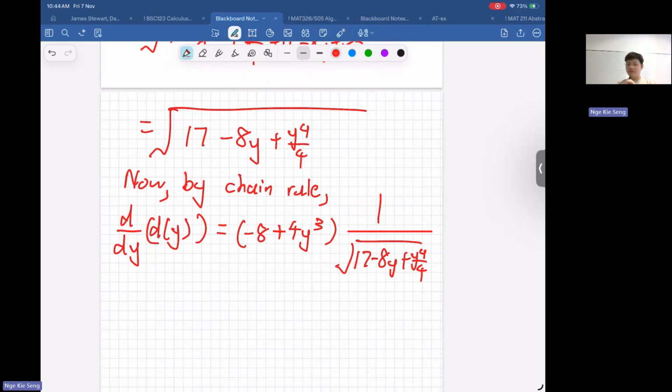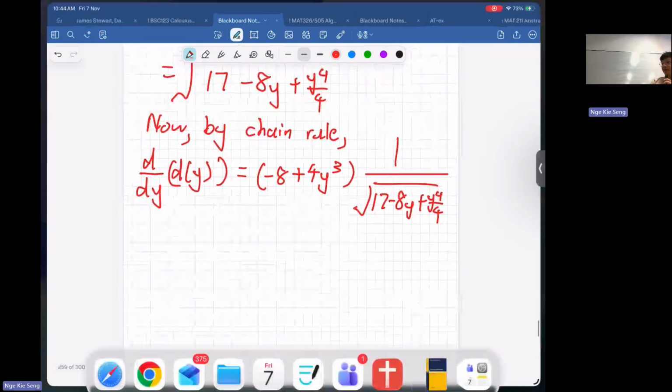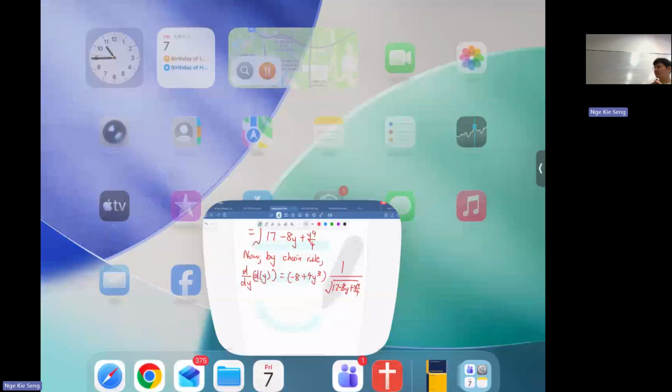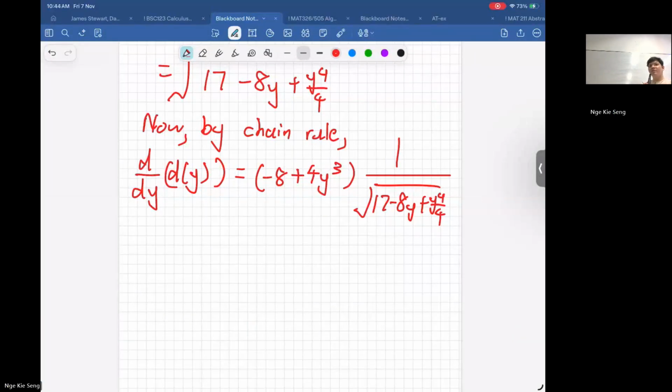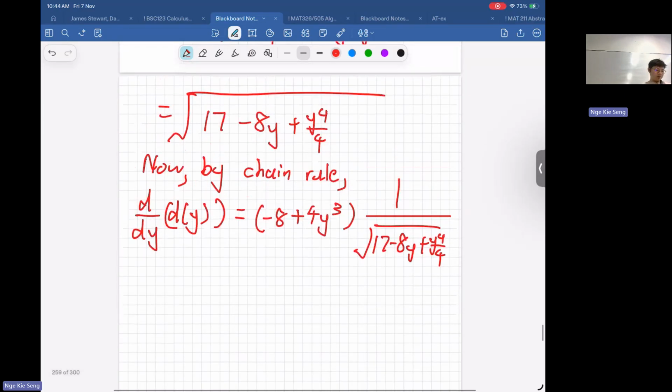Maybe you want to write down the full step. In this case the variable is y, right? Maybe you should use another variable. Maybe use u.